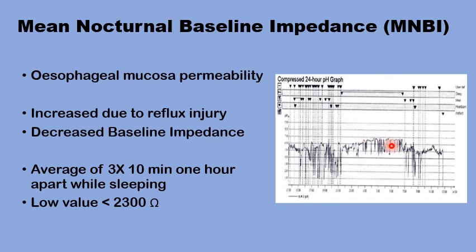So if the average impedance during his sleep had dropped from, say, 3,000 ohms to less than 2,300 ohms, this suggests that there is some mucosal injury due to reflux disease.